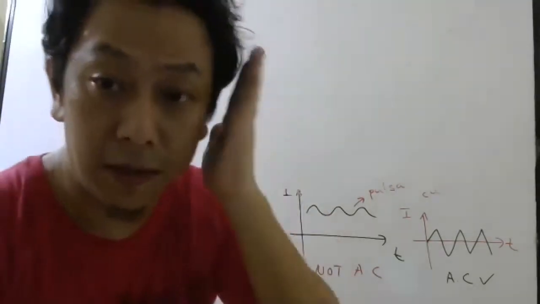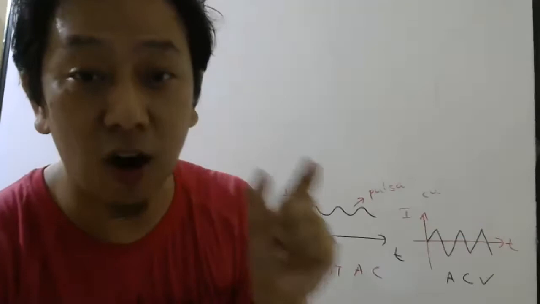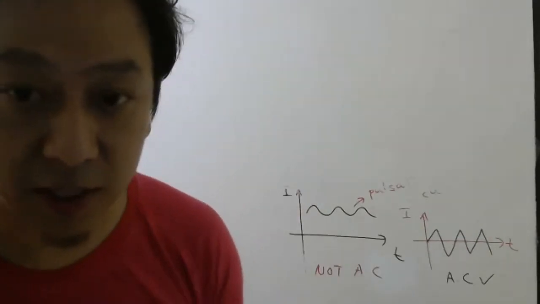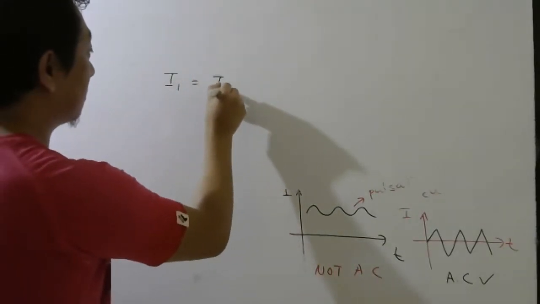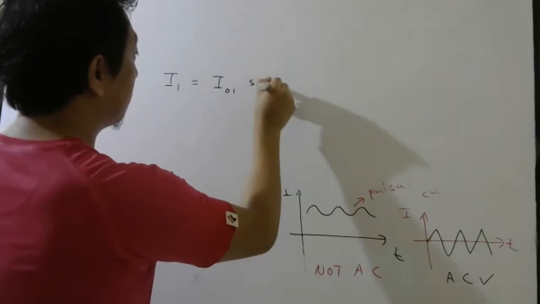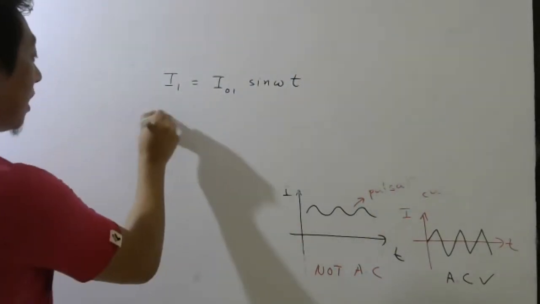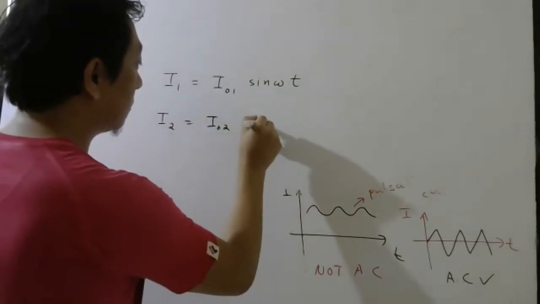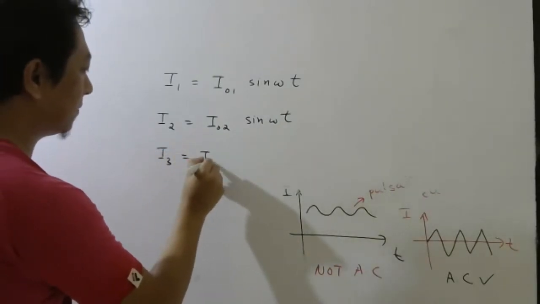Now students, one important thing is there, which is adding alternating currents or adding alternating voltages. So suppose I have one alternating current like this. This is one alternating current, okay? And I have another alternating current, and another alternating current.